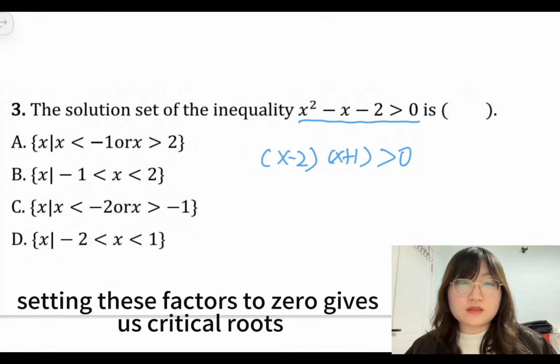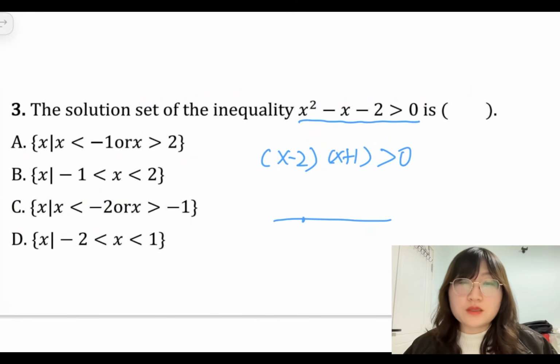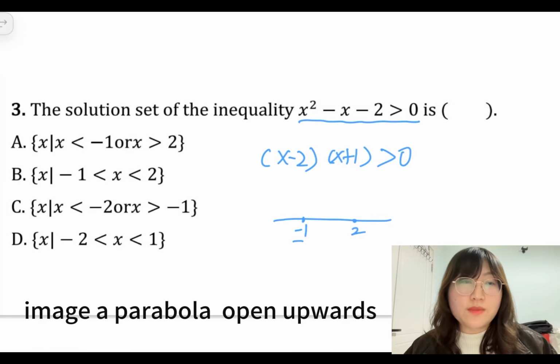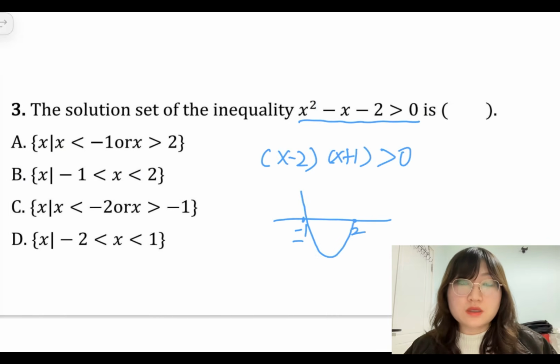Setting these factors to 0 gives us critical roots. X equals 2 and x equals -1. The graph opens upwards.